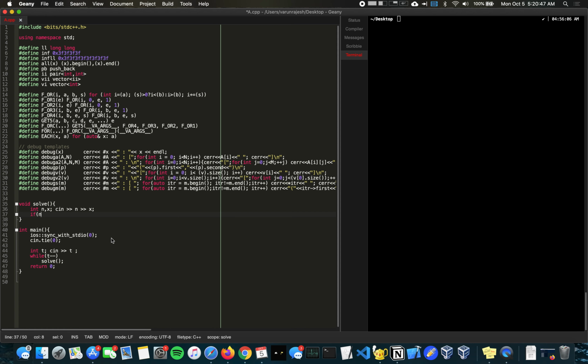So if Petya's apartment number is either 1 or 2, then we know he lives on the ground floor, so we can just output 1. Otherwise, we take into account the offset of 2, and then we output (n + x - 1) / x + 1.